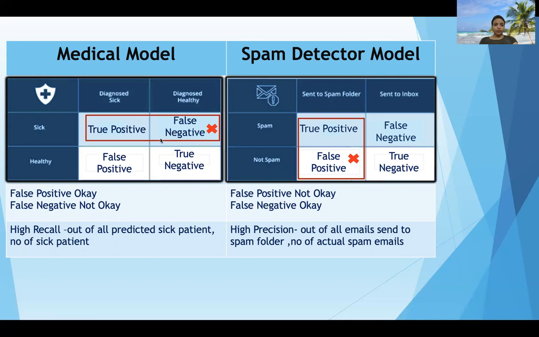It calculates the number of sick patients out of all the actual sick patients. In the spam detector model, to avoid the false positive case, we need to use the precision metric, for which we use this column: out of all the emails sent to the spam folder, the number of actual spam emails. As of now, we have learned recall and precision.